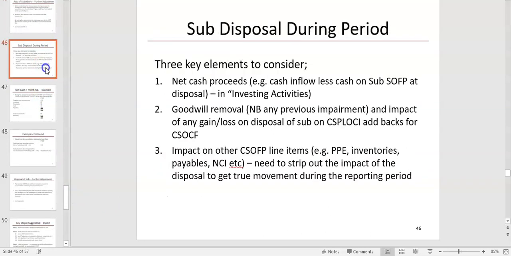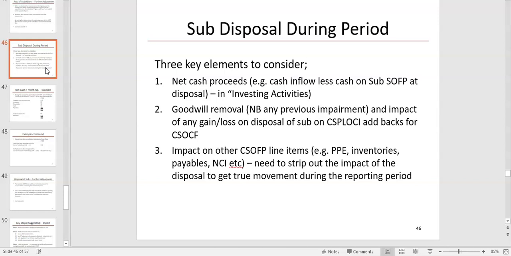Right? Exact same approach when you're dealing with a disposal. In this case, you have a net cash proceeds because you're selling your subsidiary for a certain amount, but you might also be giving away cash on the subsidiary statement of financial position. So it's the net cash proceeds that we're looking at. Likewise, goodwill may be removed.